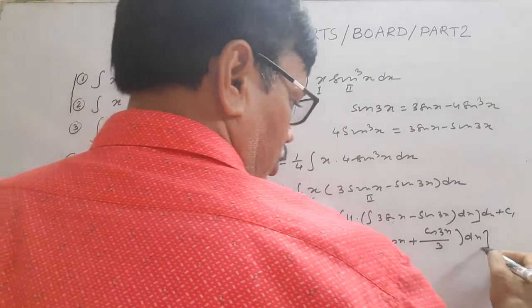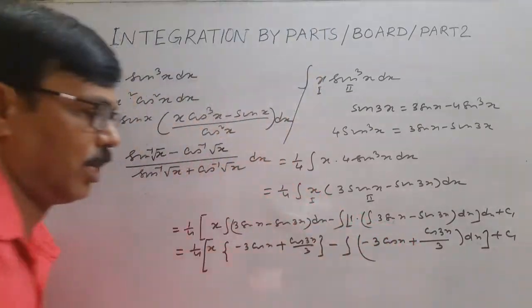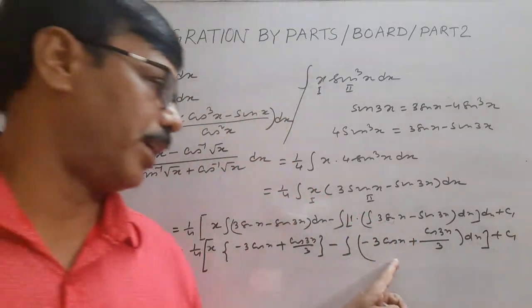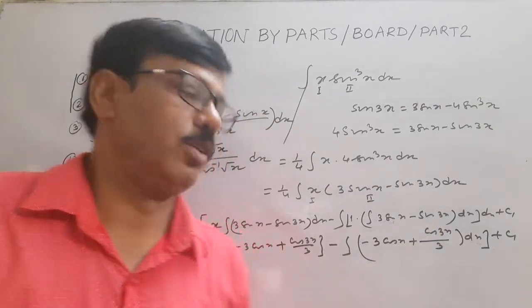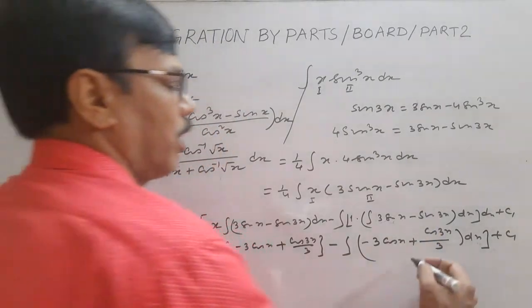Third bracket close plus 1. Now you can easily integrate cos x and cos 3x. So integrating you will get this.